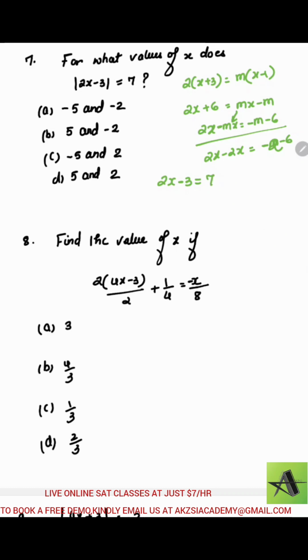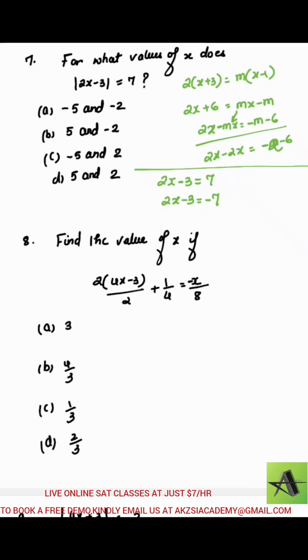That means when I open it, 2x minus 3 equals 7, or on opening the modulus, 2x minus 3 will be negative 7 as well, or the whole negative of 2x minus 3 equals 7, it means the same.